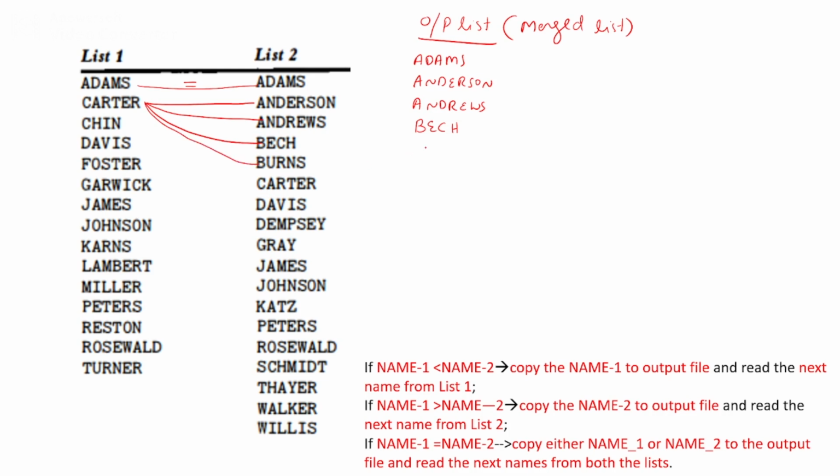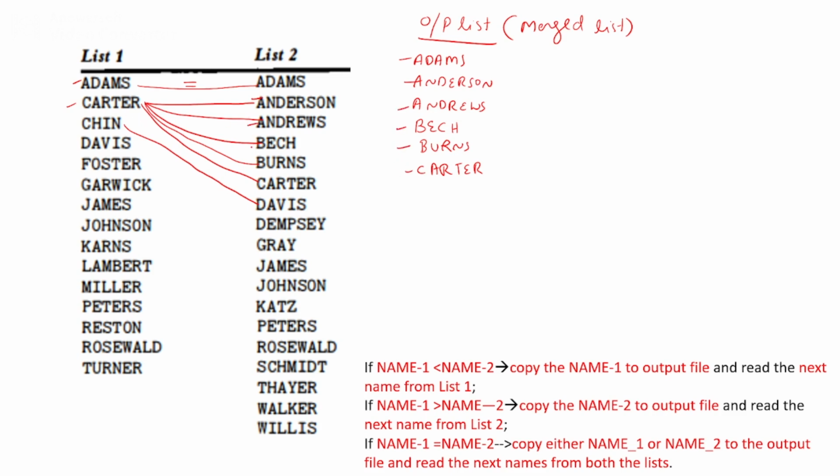Now Burns is smaller, I'll write that. Then read the next name from list 2. Carter and Carter both are equal, so I will write that and then read the next name from both lists. Since Carter is done, Adams I have written, Anderson I have written, Andrews, Beck, Burns, Carter.